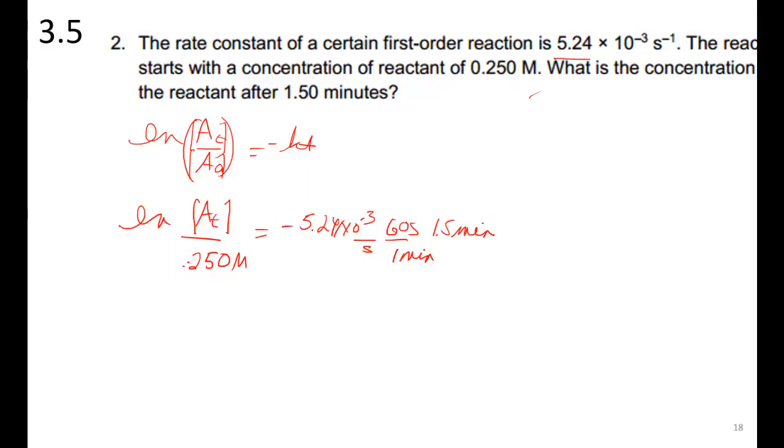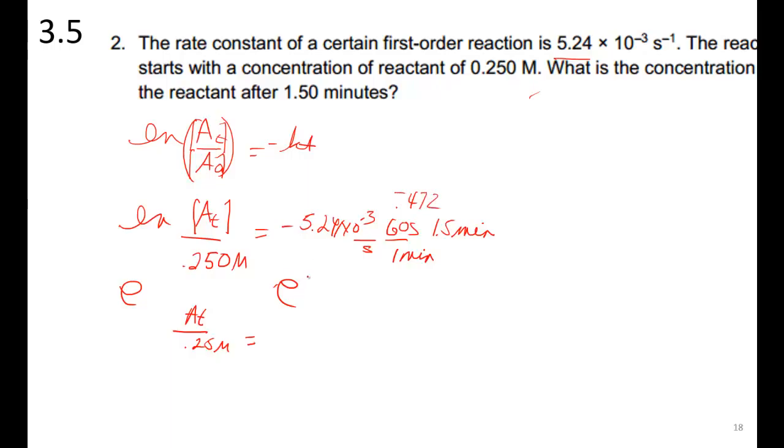Okay. So if I put both of these things to the power of e, e to the log of A_t over 0.25 molar equals e to the power of all of this multiplied together, and all of this together, by the way, is negative 0.472.